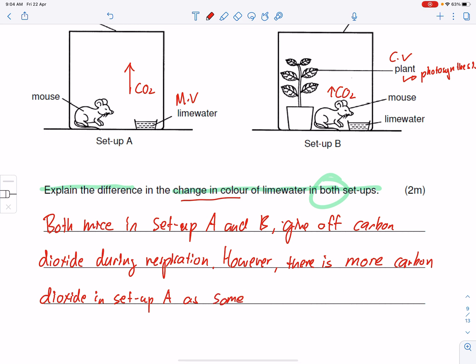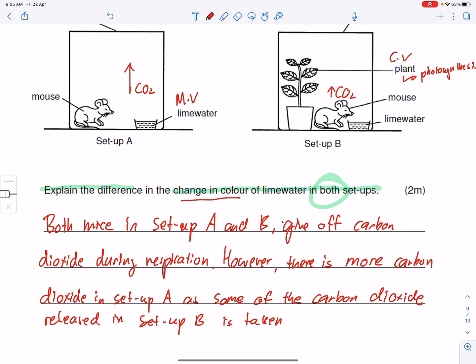You don't know how much. Some of the carbon dioxide released in B is taken up by the plant for photosynthesis.